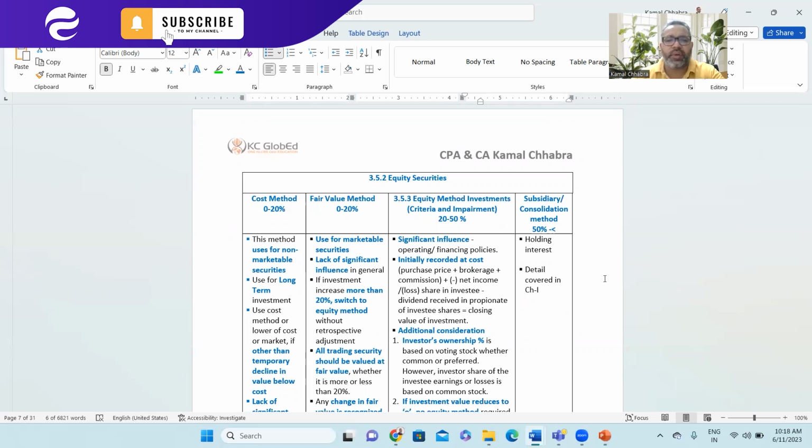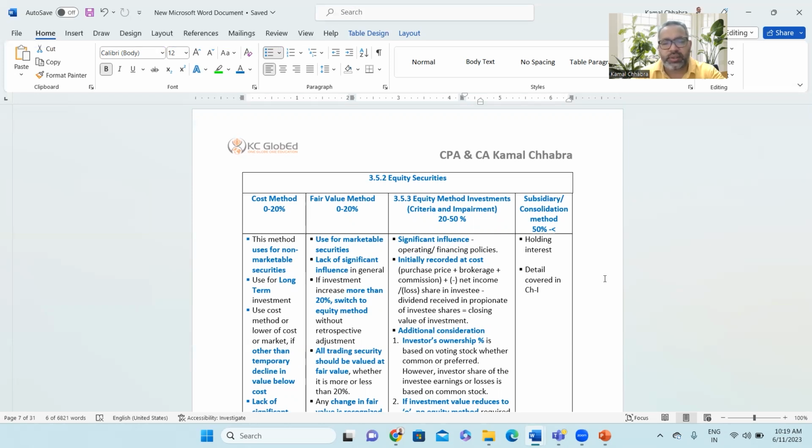Generally, the cost method and fair value method are used when you have invested in a company's equity for less than 20%, whereas the equity method of investment is used when you have invested more than 20% but less than 50%. The subsidiary and consolidation method is used when you have invested more than 50%.